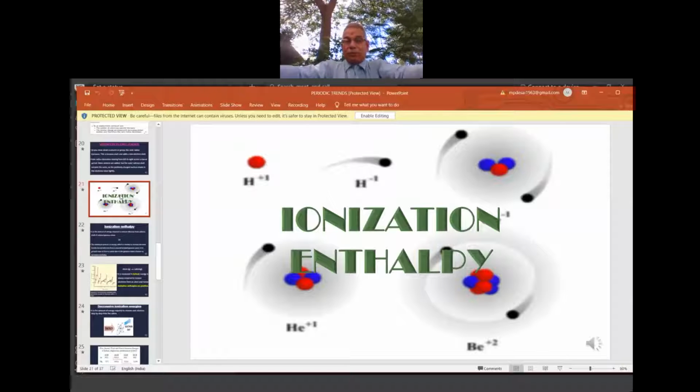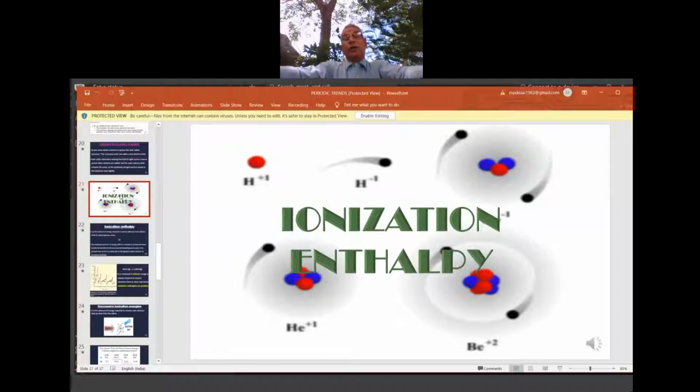So for sodium, it is 2,8,1. If sodium wants to become like neon, it has to lose just one electron, so that it becomes 2,8. Otherwise, if it wants to acquire helium, it has to lose 1 and 8, total 9 electrons. Then only it becomes helium type.